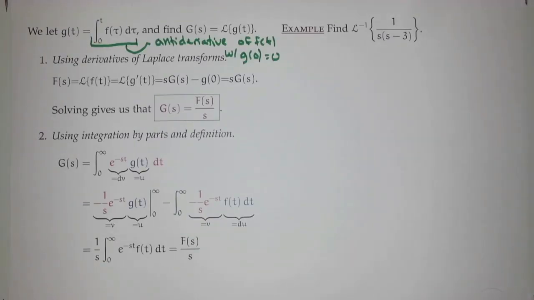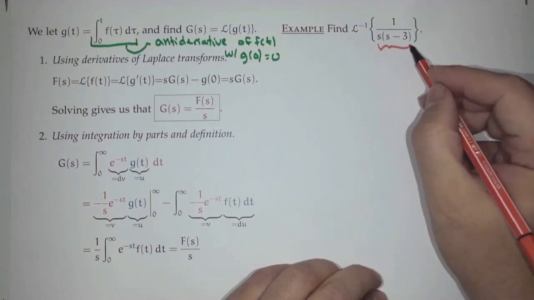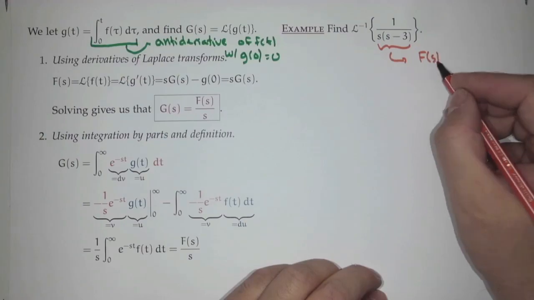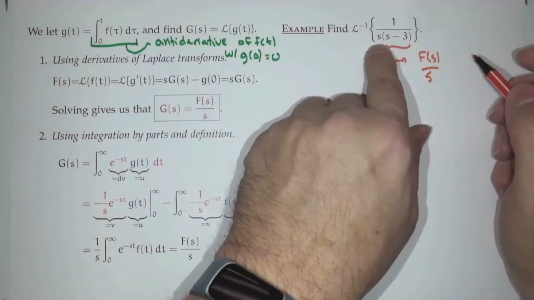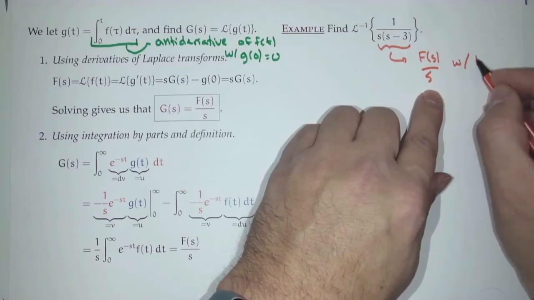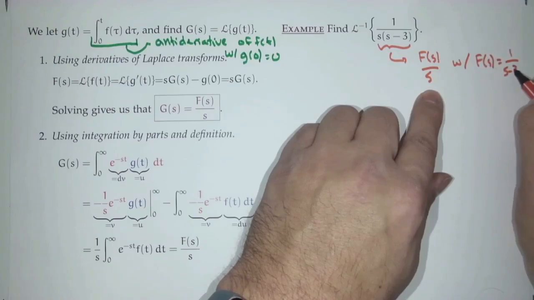So what's the idea? You look at this and say, this has the form of F of s over s. The over s is because of that s there, where F of s is 1 over s minus 3.